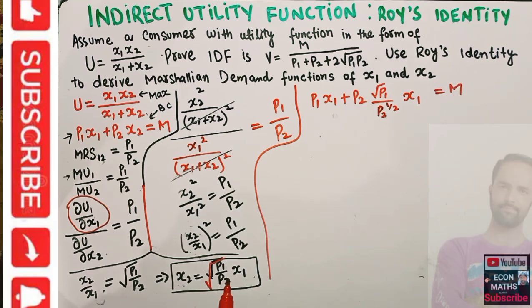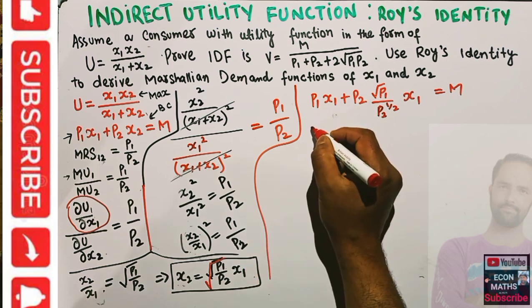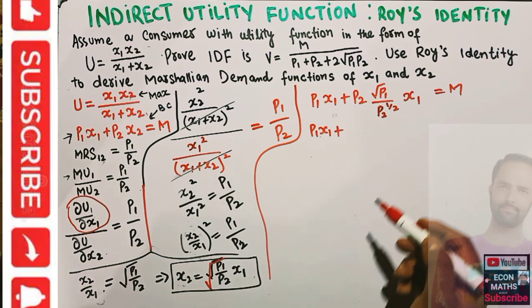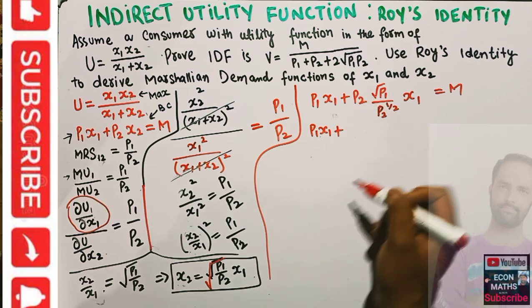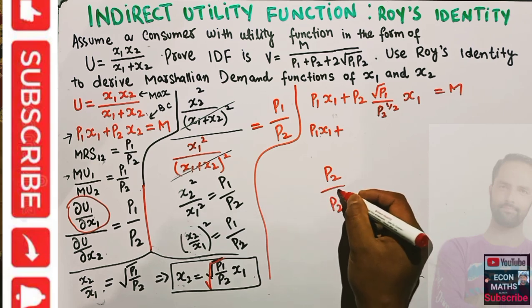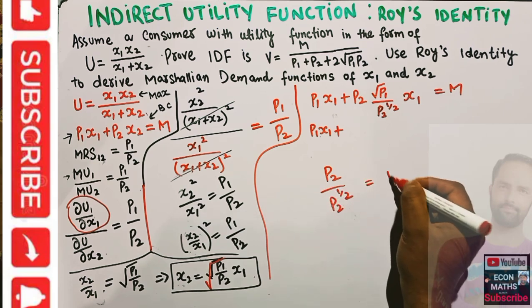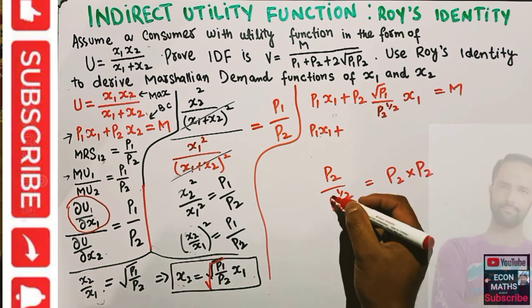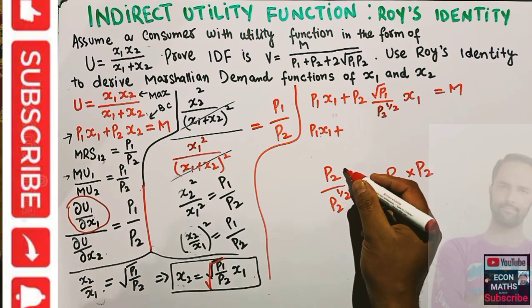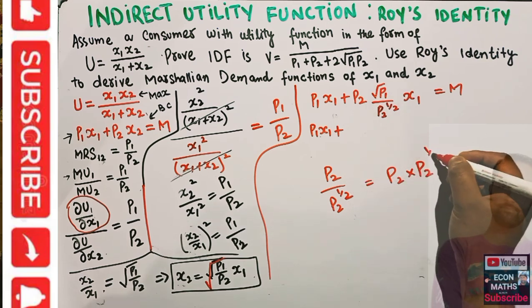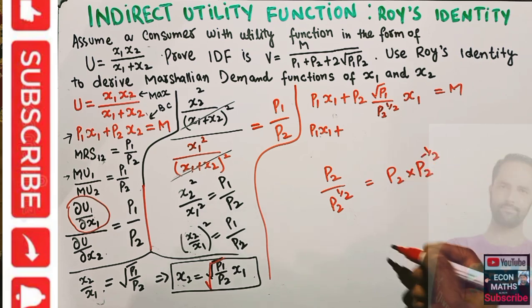Okay, so that means I can write it like this, p1 x1 plus this stuff. Okay, if I am being given p2 divided by p2 raised to the power 1 upon 2, I can write it like this, p2 into p2. If I transpose this denominator to the numerator, it will get multiplied and the exponent sign will get changed.